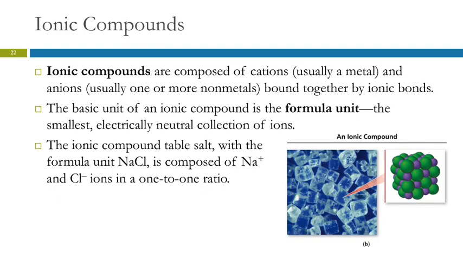Then we have ionic compounds. Ionic compounds form between metals and nonmetals. There are ionic compounds that do not contain metals. Those are very unusual in this class, at least. We do lie to you in general chemistry sometimes, because if we told you the whole truth, it would just take way too long, okay?